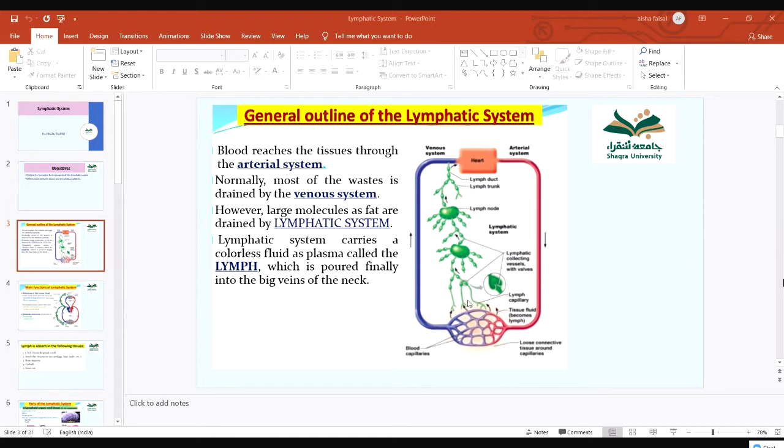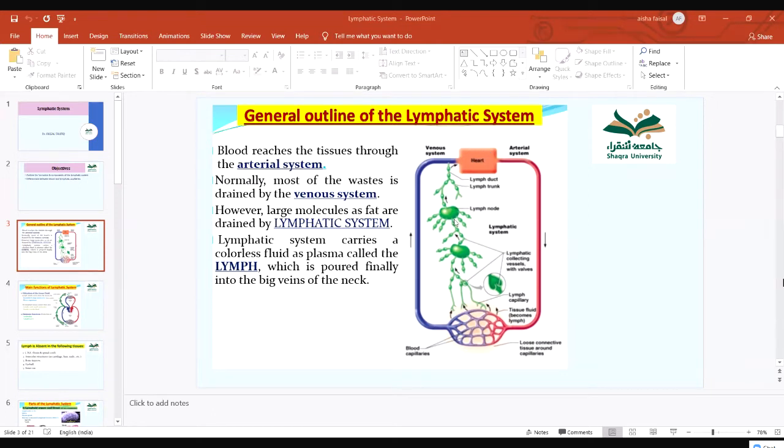So what is happening? The fluid from the capillaries is constantly coming out, and it occupies the extracellular space in the form of interstitial fluid. But most of this fluid returns back to your venules, then veins, and comes into the circulatory system and back to the heart.